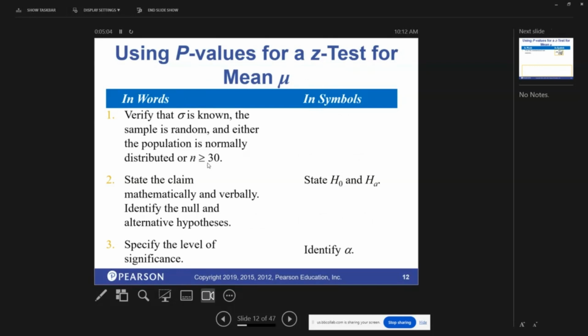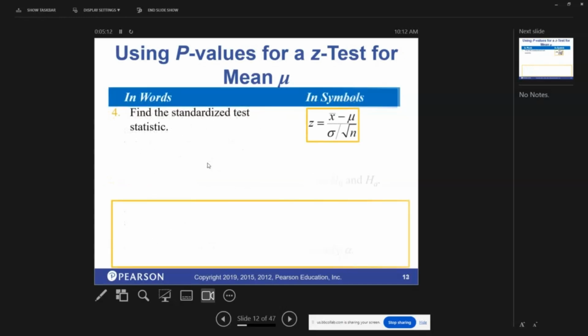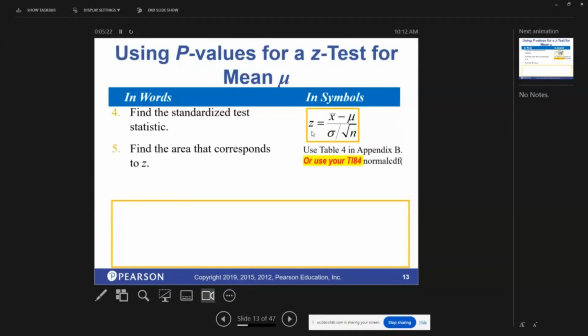And then you will specify the level of significance. So that's your alpha. And then you'll find the standardized test statistic. So that's the formula we just talked about for Z. And you want to find the area that corresponds to Z. So this is where you can use your Z-score chart, but we've pretty much been using the TI-84.